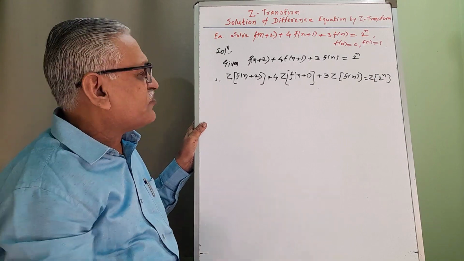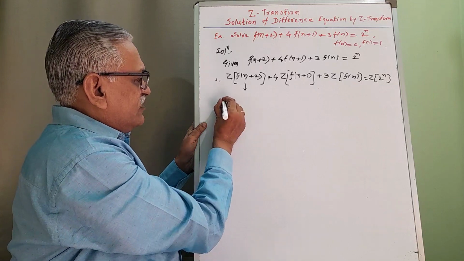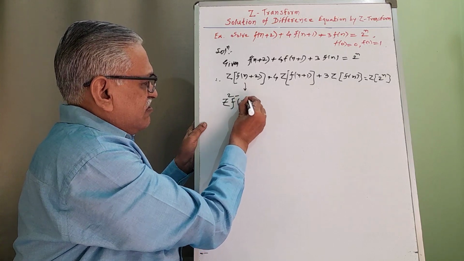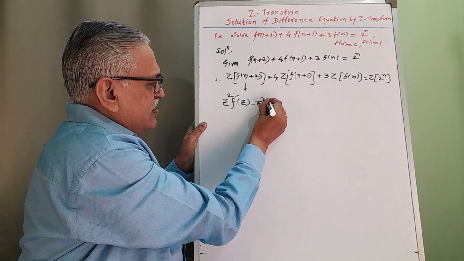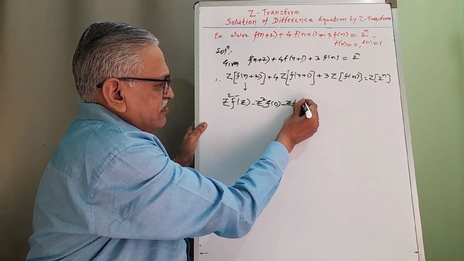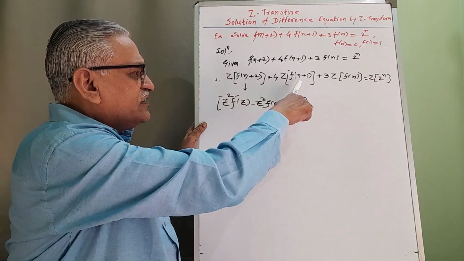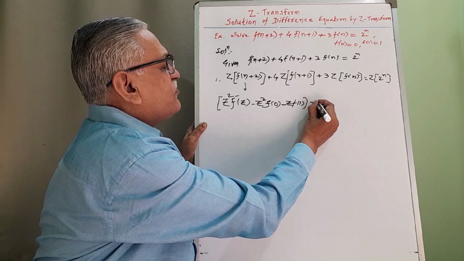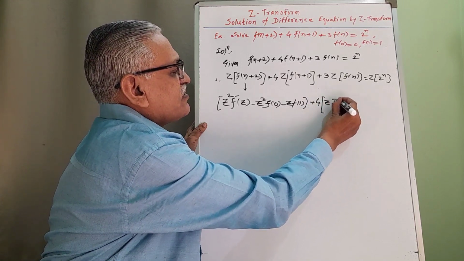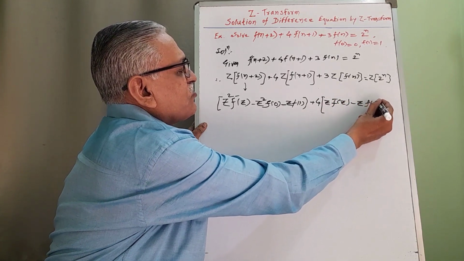Applying the formulas, Z transform of f(n+2) is z² f bar(z) minus z² f(0) minus z f(1). Standard result. Then Z transform of f(n+1), therefore it is 4 times z f bar(z) minus z f(0).